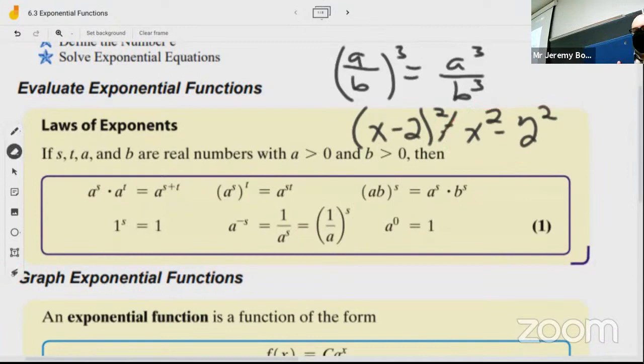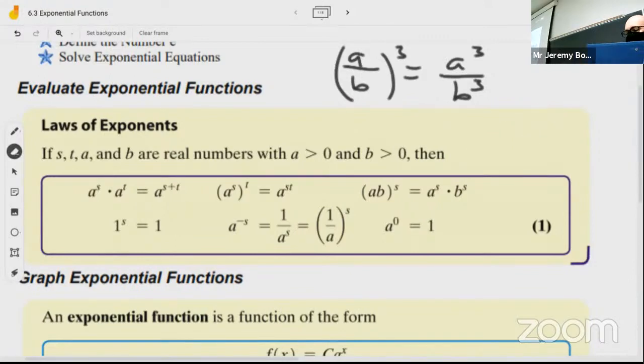It doesn't work for addition. For those, you would need to use FOIL, or however else, to expand that polynomial raised to that power. But if it's division or multiplication, it can distribute. Any questions on that?